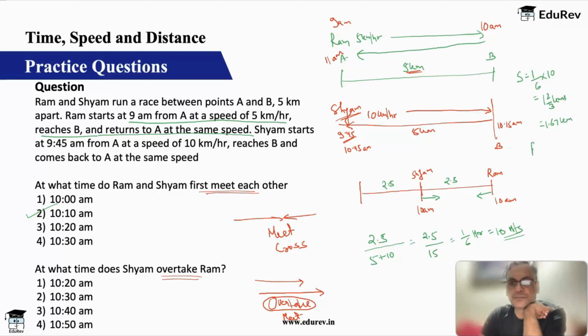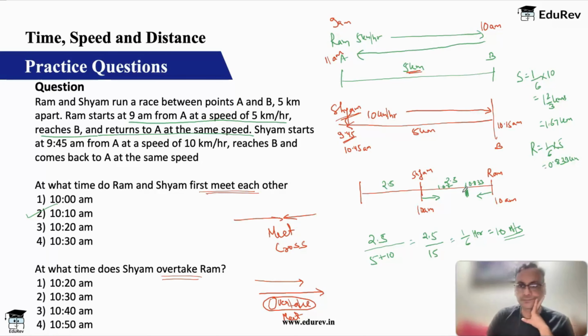And Ram, 1 by 6 at a speed of 5, he'll be 5 by 6 or 0.833 kilometers. So somewhere here, this is 0.833 and this is 1.67. So that is the point where they will meet. Fine. Hope we are clear here. Great. So we know the meeting time, we know the meeting point also.